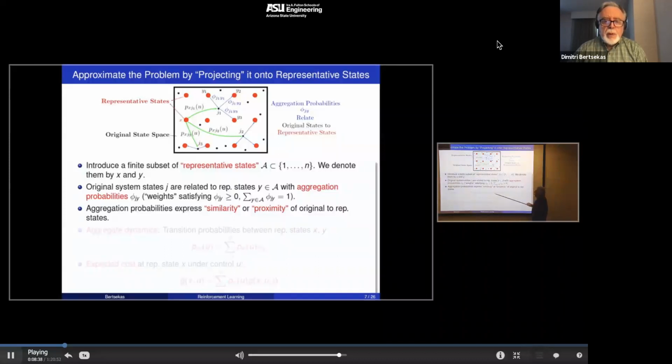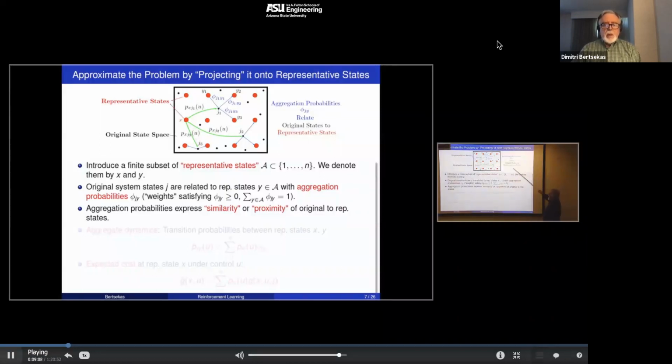Okay? So in a problem that has a geometric character, this may be distances. Or in a problem that has a different character, they can be selected on the basis of intuition of the given problem. You could also have only one of these phis be 1 and the others be 0, okay? And then you attach the black states to a particular representative state.